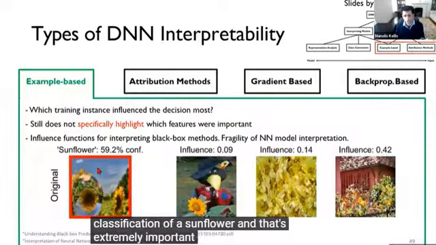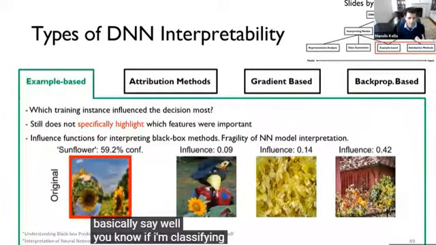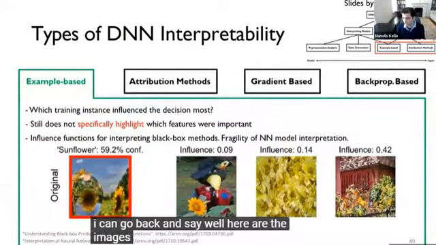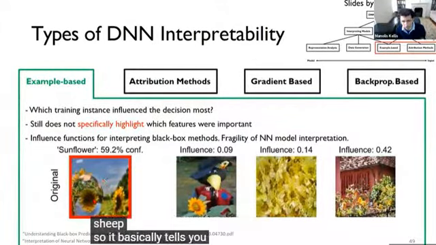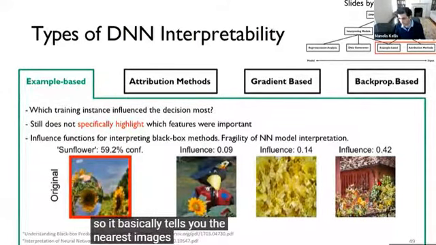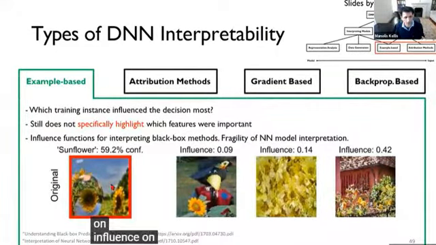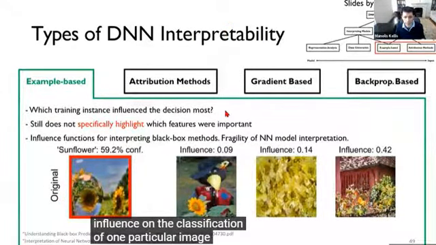And that's extremely important because you can say, if I'm classifying a dog as a sheep, I can go back and say, here are the images that you called dogs that I used to classify this as a sheep. So it tells you the nearest images in a way, not based on pixel proximity, but based on influence on the classification of one particular image.